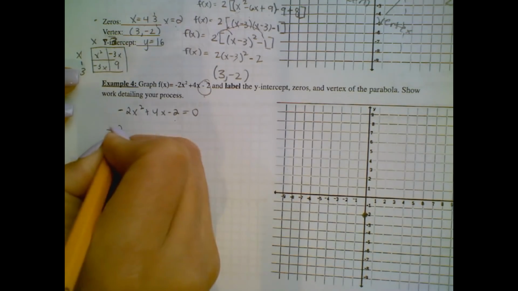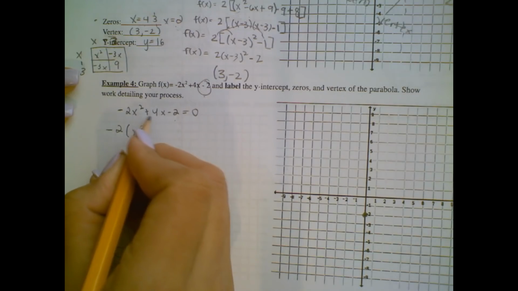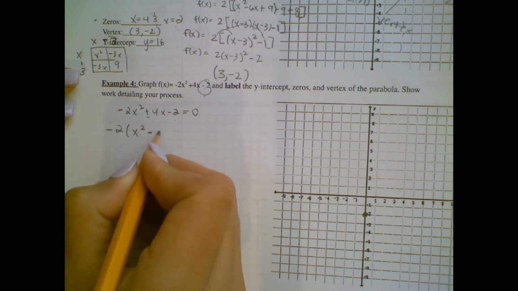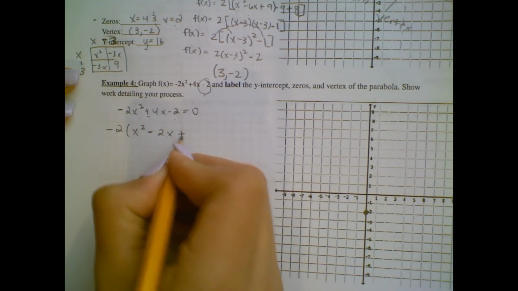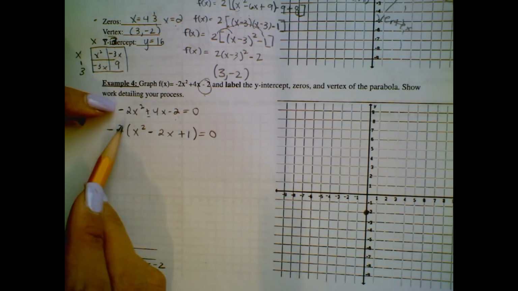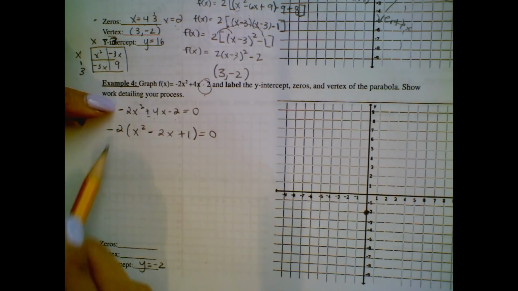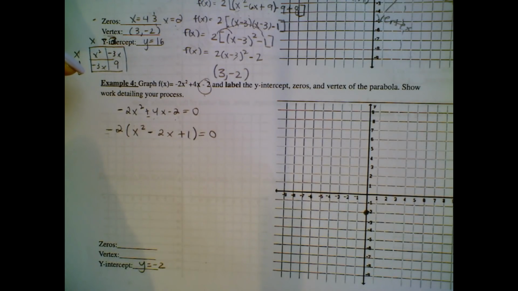So x squared, and because I pulled out a negative, this sign is going to be minus 2x, and then this is going to be plus 1. You could double check it by distributing this back in, and you should get your original. Just remember, if you're pulling out a negative, all the signs on the inside switch.